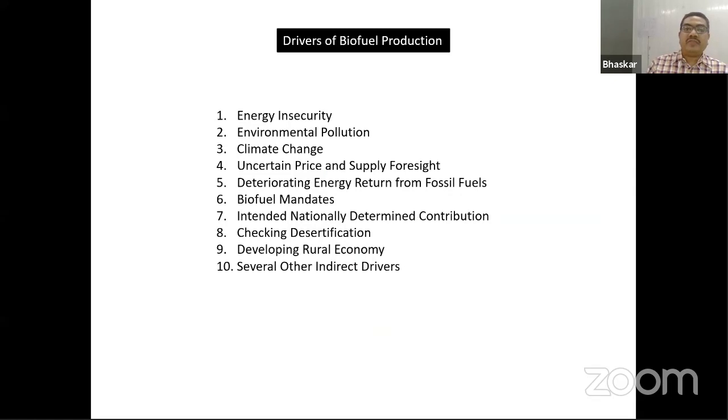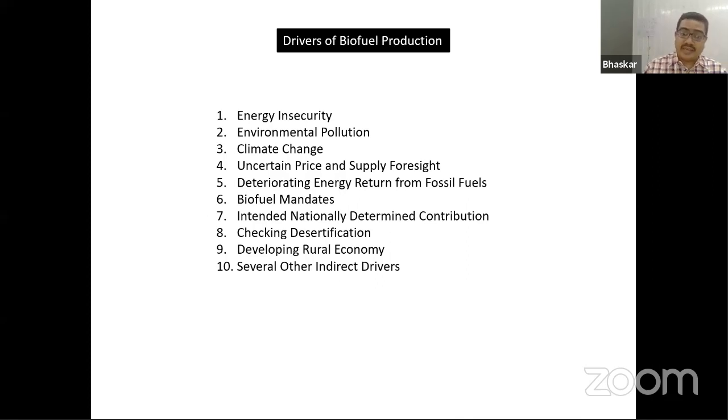The drivers for biofuel production, of course, are energy security issues, environmental pollution issues, climate change, and uncertainty in price rise. We can see that petroleum and diesel prices are on the rise in recent times. Then there is the deteriorating energy return from fossil fuels.